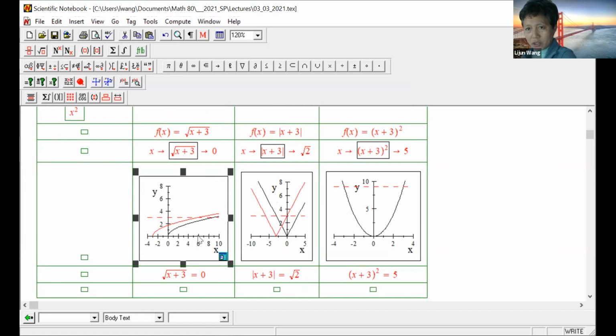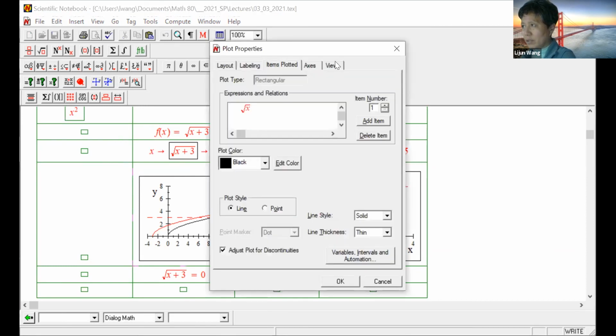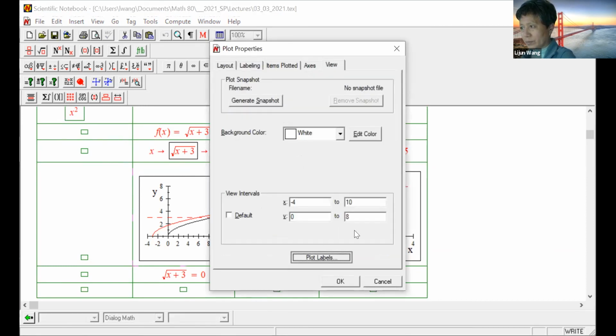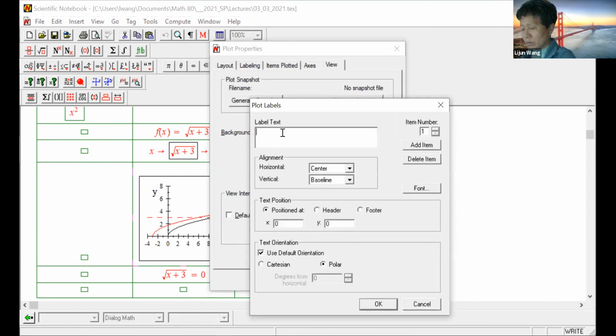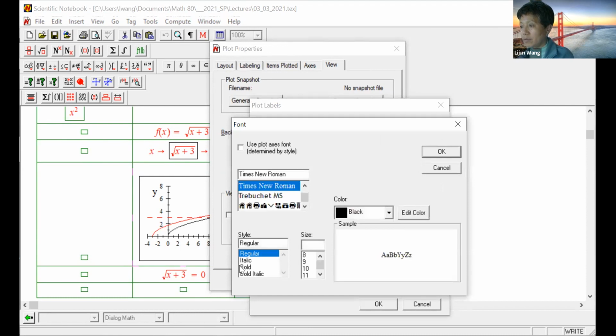Okay, in this picture, the black curve, what is the black curve? Okay, and I'll make the font smaller.